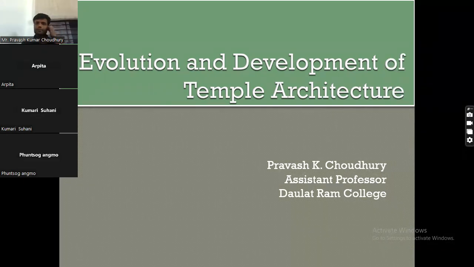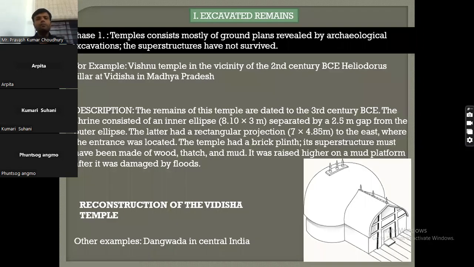So when we start discussing the evolution of temple architecture in Indian subcontinent, it is very important for all of us to know that we do not come across temples for the first time in a very evolved form, like the way we are getting it at Khajuraho, or the way we are getting it at Brihadeshwara.